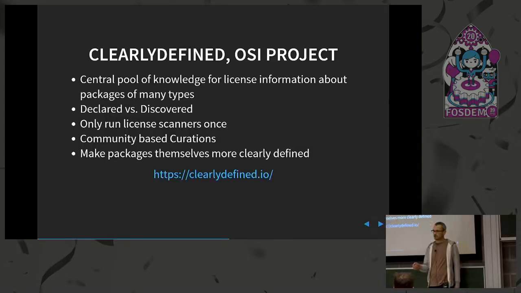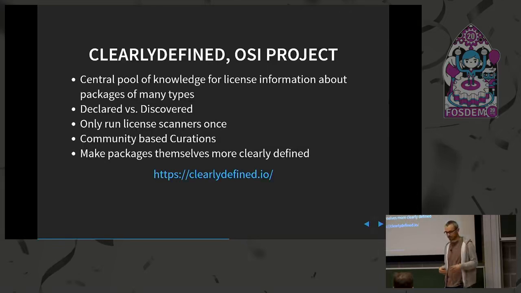A person, usually a lawyer, can say the license of this package is actually MIT, and then it can be peer reviewed by other people through the typical GitHub PR process, so the whole community can agree what the license of a particular package is.